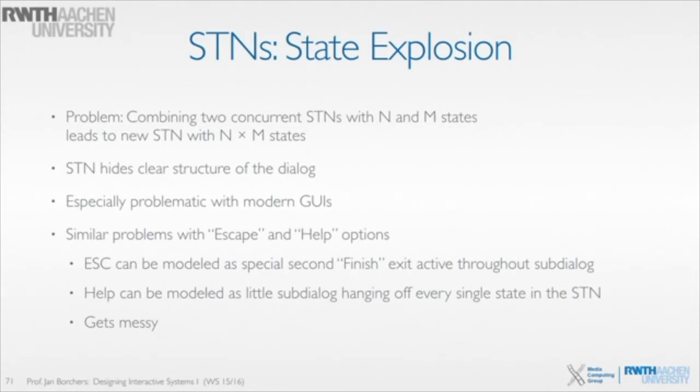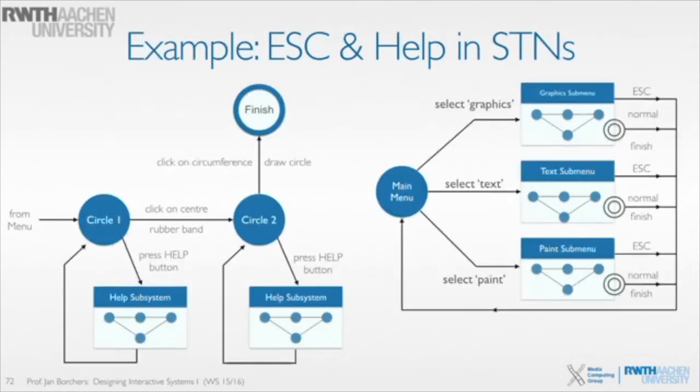There's a similar problem when you have an escape or help option. For example, when you have an escape to get out of a dialog without applying the changes, or a help button that can be used wherever you are, it really gets messy. Because let's take the example of the escape button. If I'm anywhere in this graphics submenu here, I want to be able to press the escape button and get out of the submenu back to the main menu without applying the changes that I did.